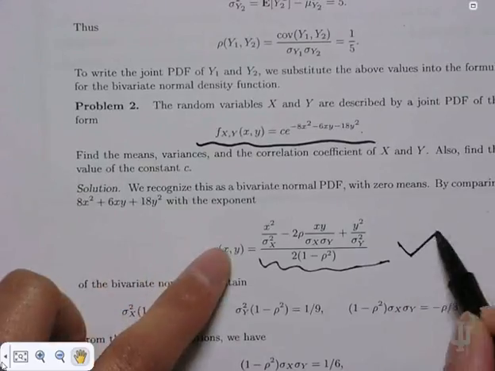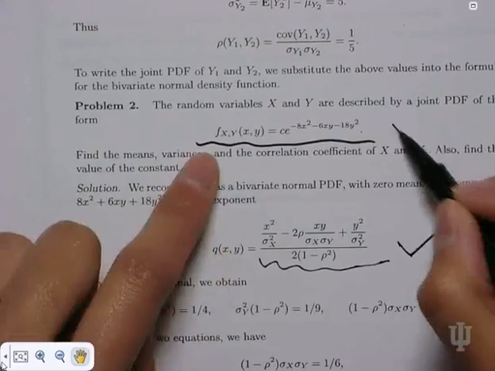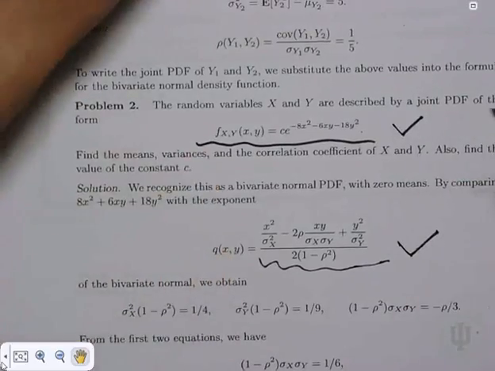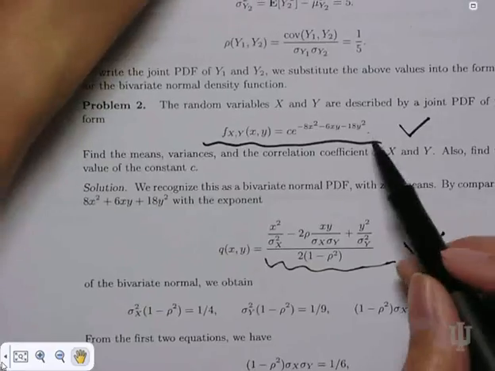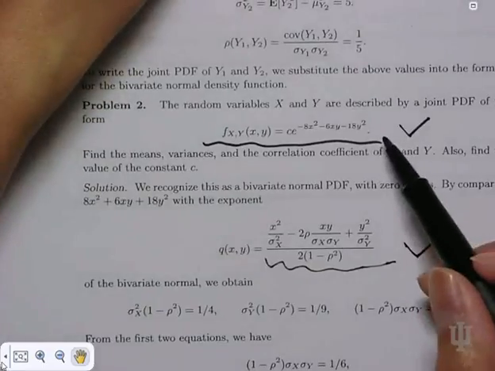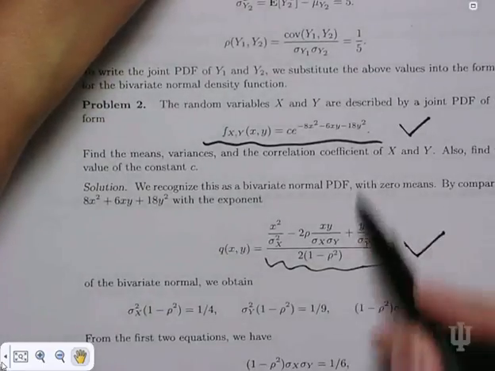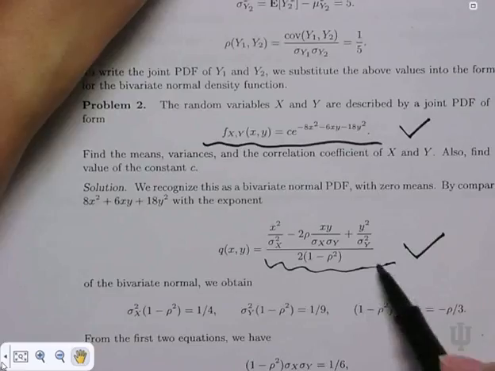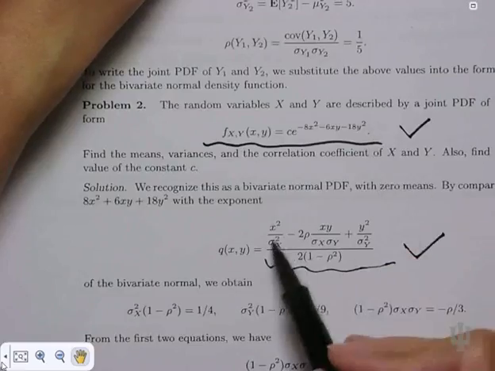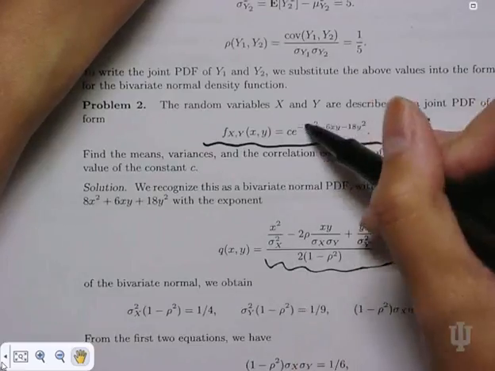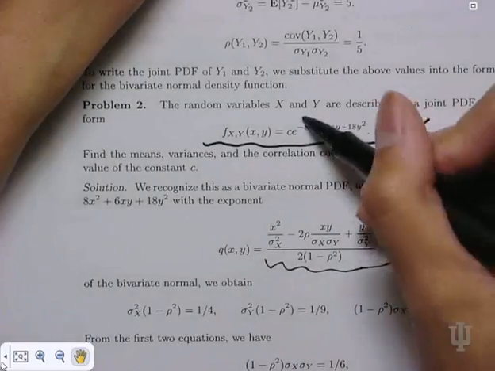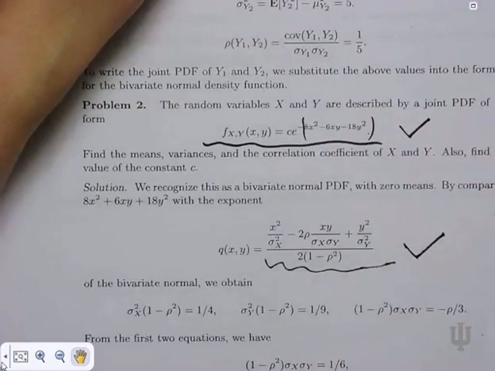So you know the general formula like this, and first you don't know, but I tell you this is a bivariate Gaussian random variable. Then you will try to map this to this, right? And actually it's wrong here, it's the minus 8x squared.